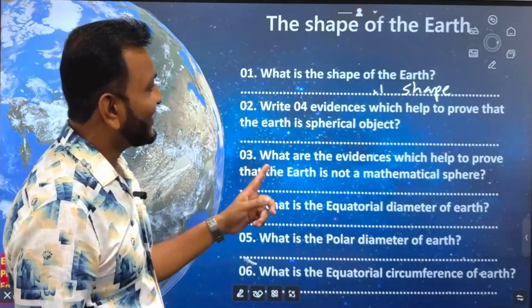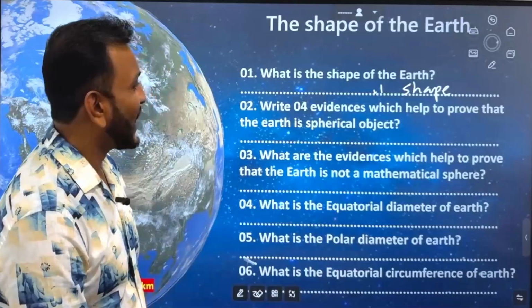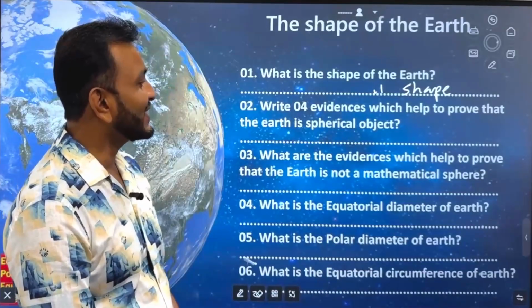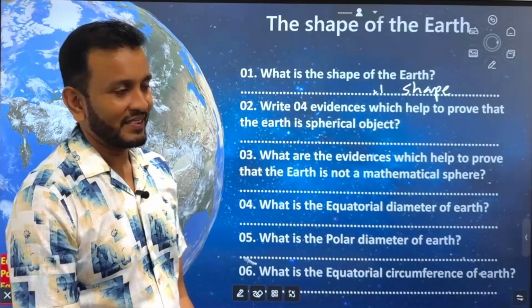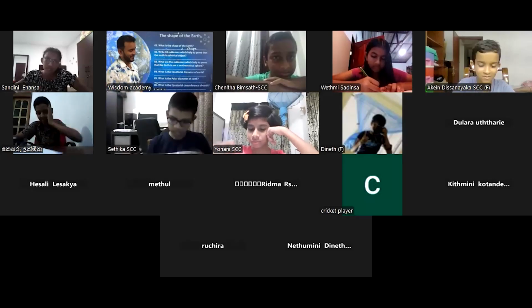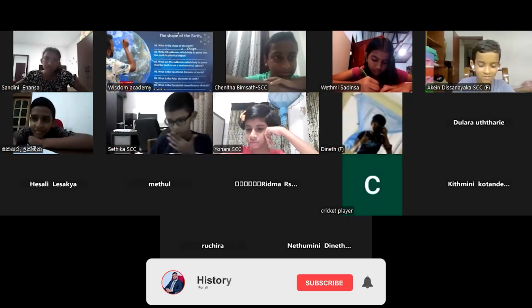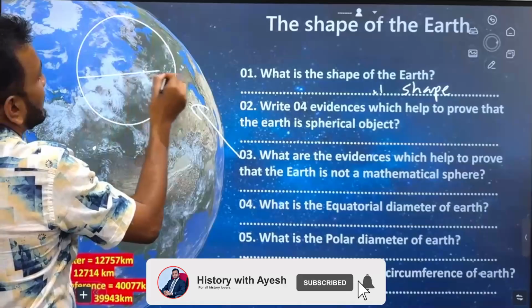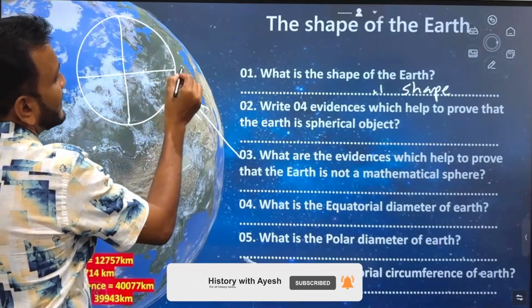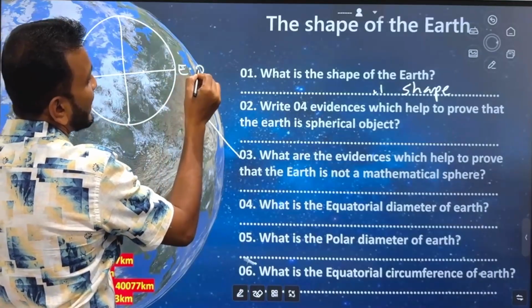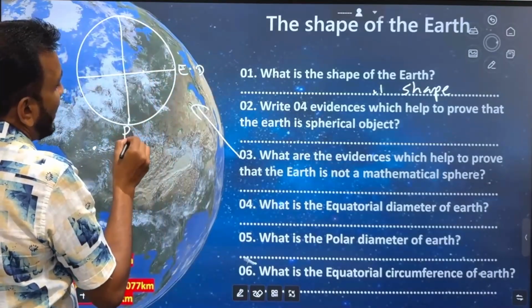Okay, what are the evidences which help to prove that the earth is not a mathematical sphere? Right. Here, equatorial diameter. Here, polar diameter.